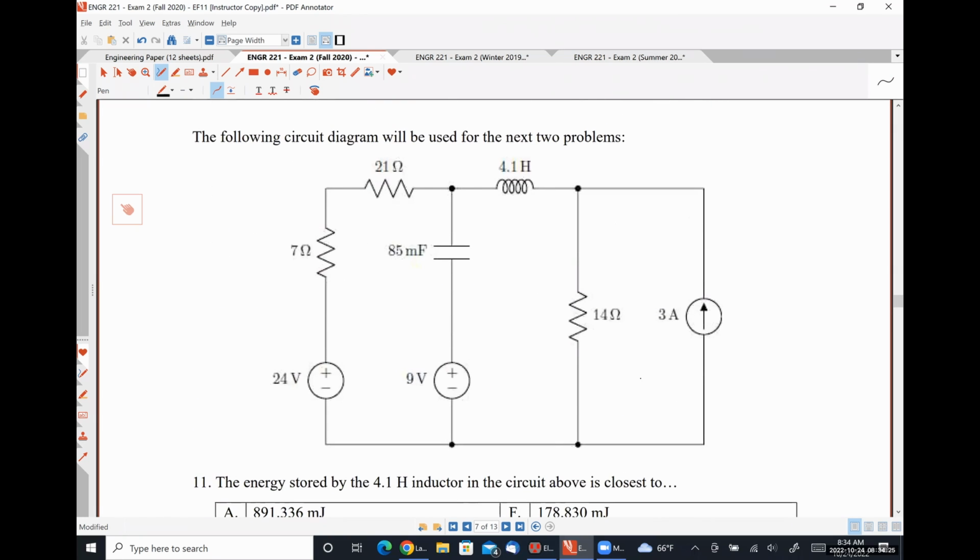So we need our capacitor voltage here. So this is an open circuit. Let's call this V_C. This is a short circuit.